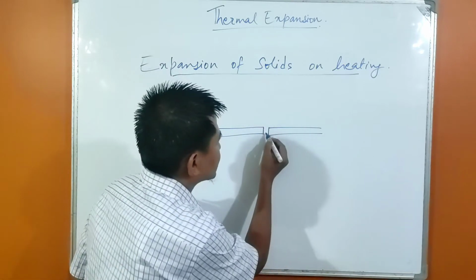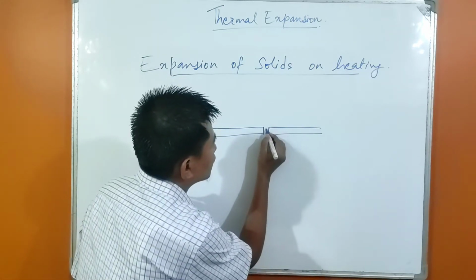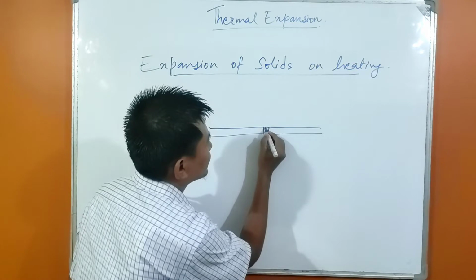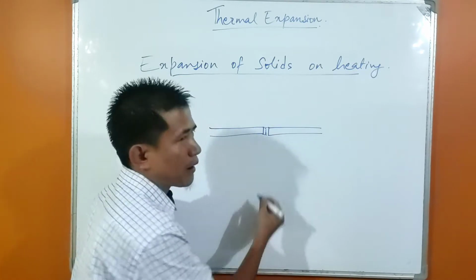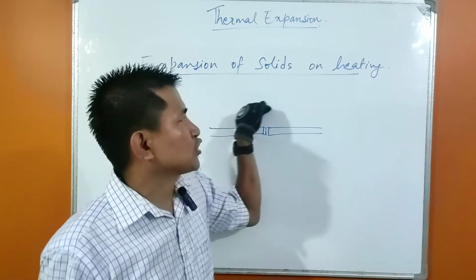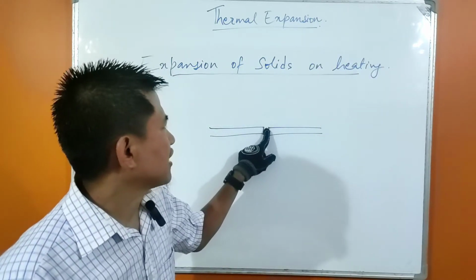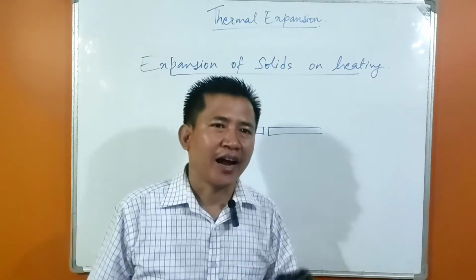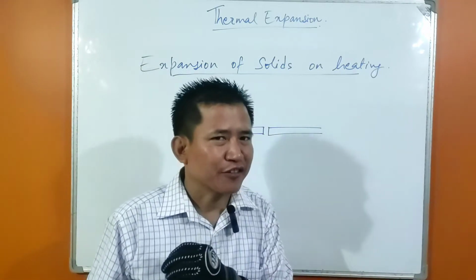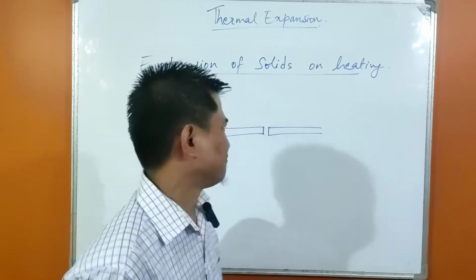And when there is a gap left, the expanded rail line fills up this gap. Got my point? And when the train passes by, after some time, this rail line cools down again. And when the rail line cools down again, the gap is again maintained, okay? I hope you got this.